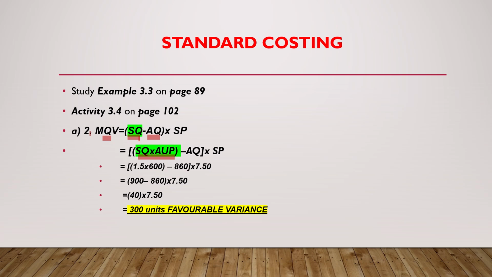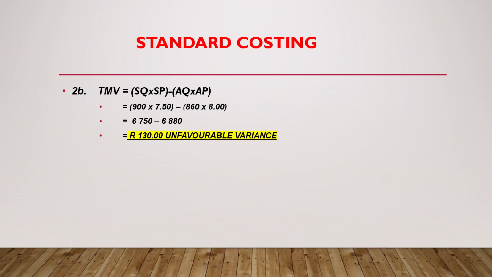Out of the planned ones, we used less, and we remained with 40 that we can use somewhere else. So, and then multiply, and you get 300 rand favorable variance. So this is 300 rand, guys. There was supposed to be an R here. Okay, next slide.